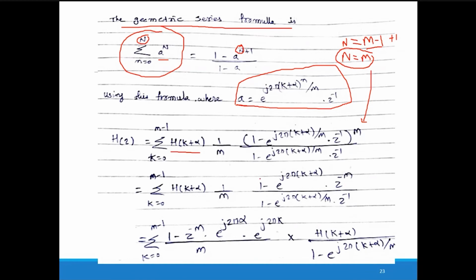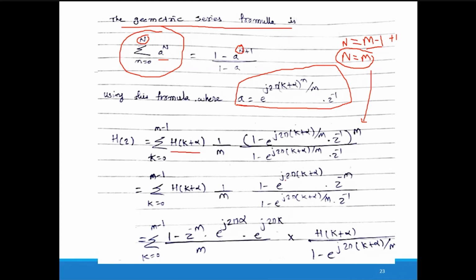And when you simplify it further, you are getting 1 minus e raised to j 2 pi k plus alpha into z raised to minus m divided by 1 minus e raised to j 2 pi k plus alpha divided by m into z inverse. Okay, so now I am separating this equation into two parts. First part is k is equal to 0 to m minus 1, 1 minus z raised to minus m into e raised to j 2 pi alpha into e raised to j 2 pi k.